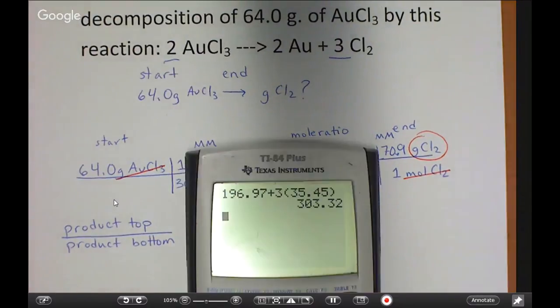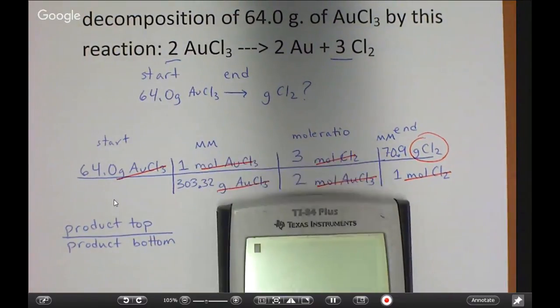And as we put this in the calculator, we have 64.0 times 1 times 3 times 70.9 divided by, and this is where we want to be careful. If I just do 303.32 times 2, the calculator reads it in a linear fashion and does order of operations. It divides by 303.32 and then takes that result and multiplies it by 2. This is incorrect.